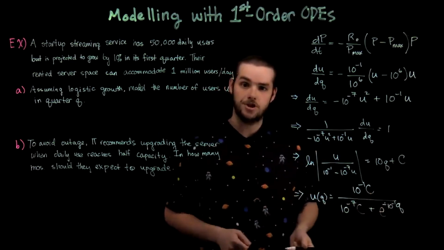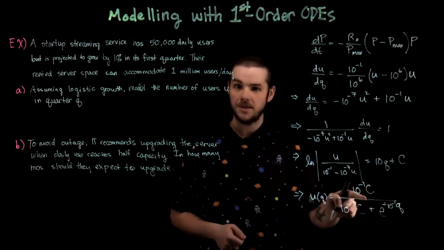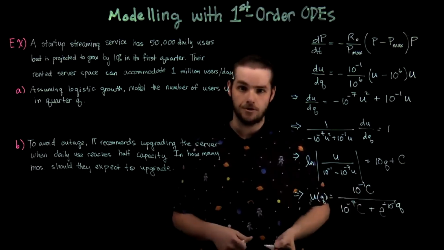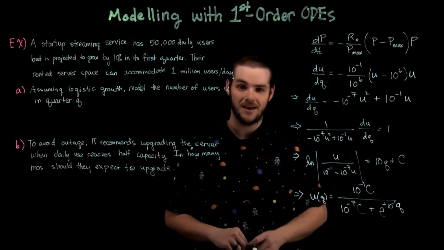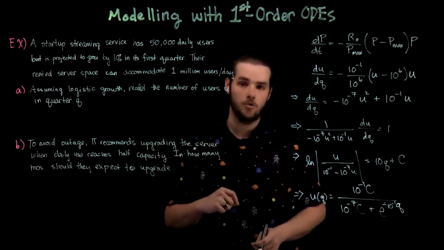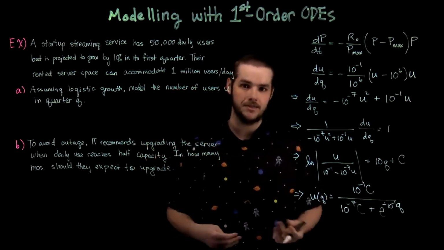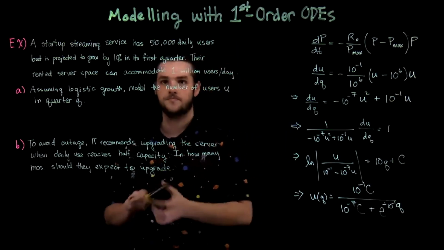There we go. Here's our general solution. But I want a particular solution, or I want a single solution, I should say, because this is secretly an IVP in disguise. I have the initial condition that at quarter 0, or when time begins, my initial population is 50,000.